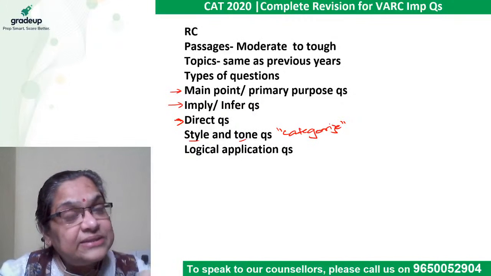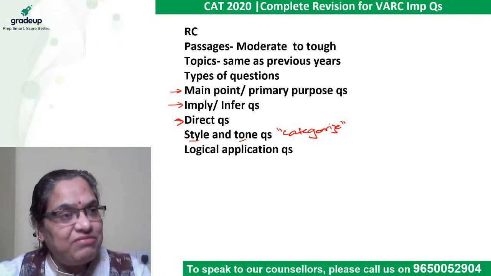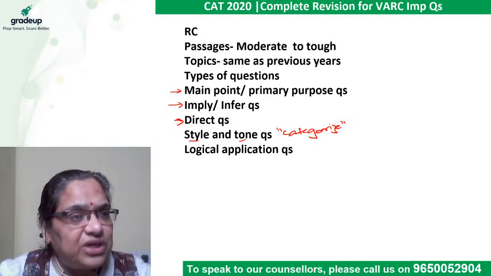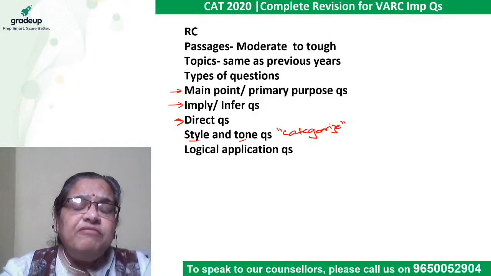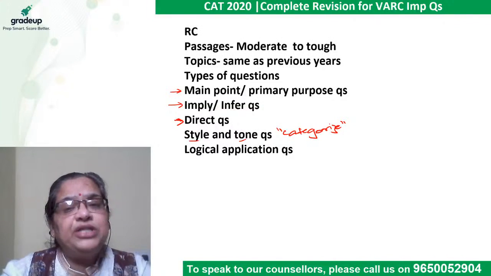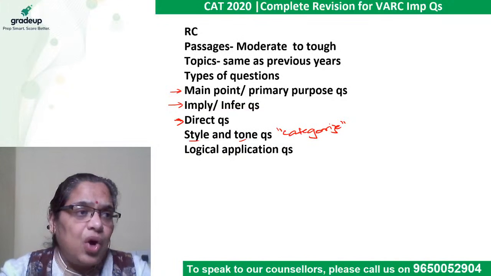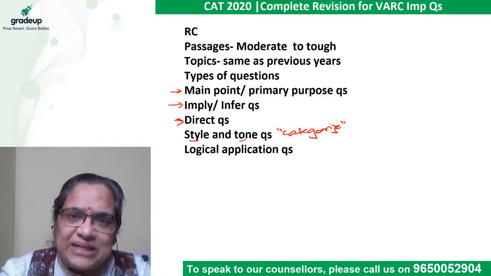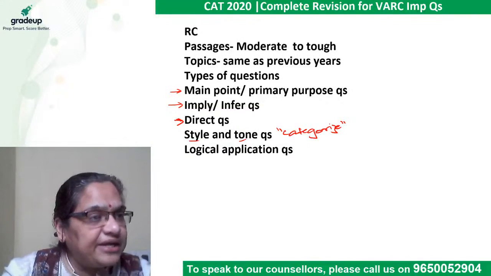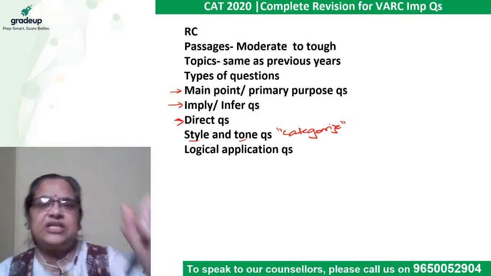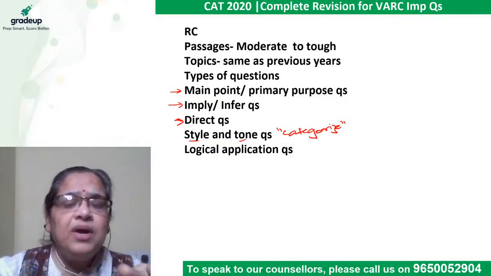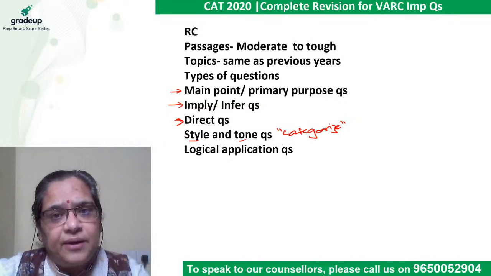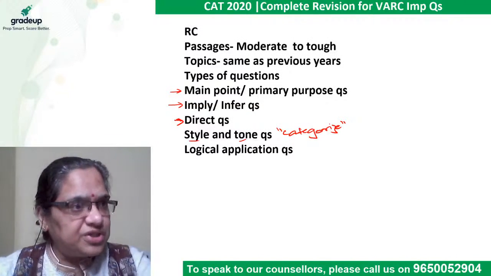All right, and then there is the logical application question. I have given a passage today. If I have the time, we'll cover it, where basically the passage mentions one theory, or different architectures, says the Greek architecture was of this type, Indian architecture was of this type, on the other hand Roman architecture, Egyptian architecture is this type.